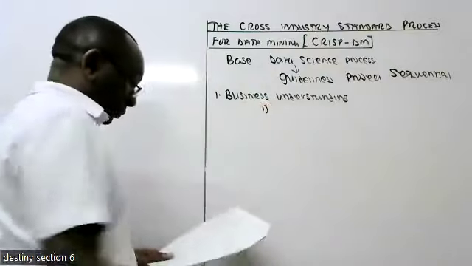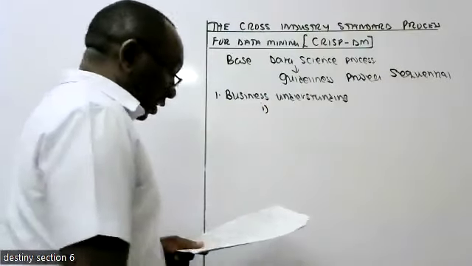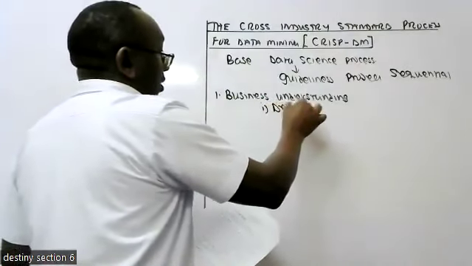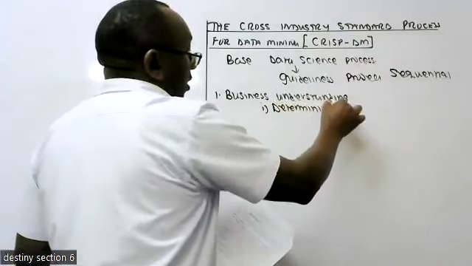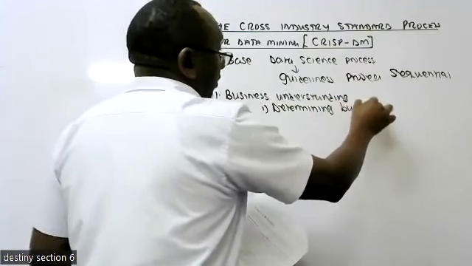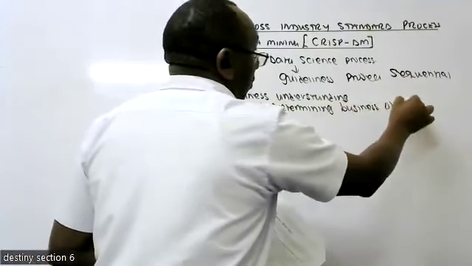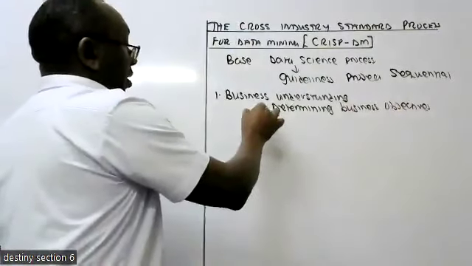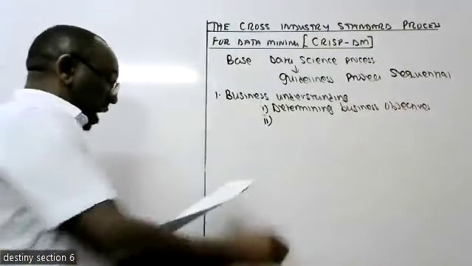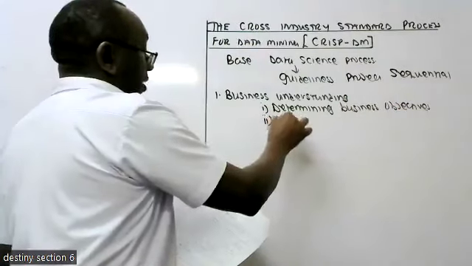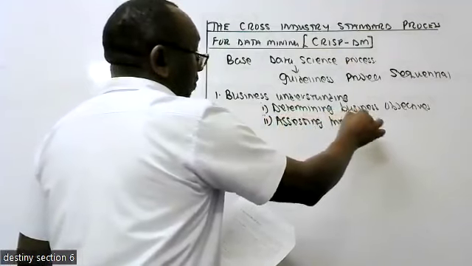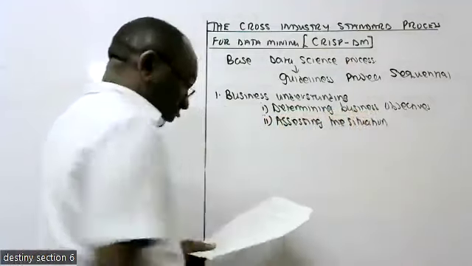Roman 1, determining business objectives. Roman 2, assessing the situation.